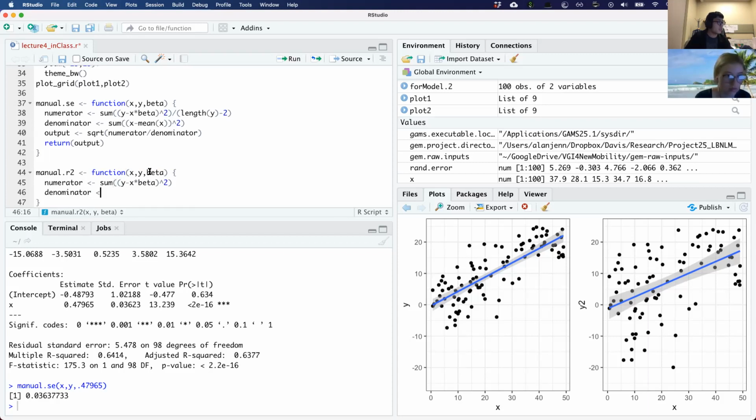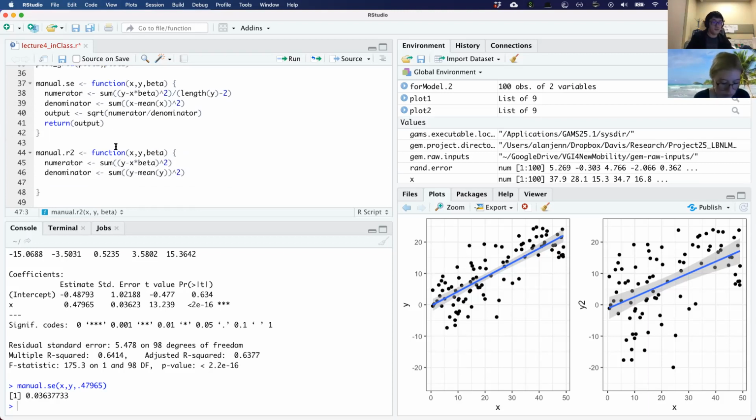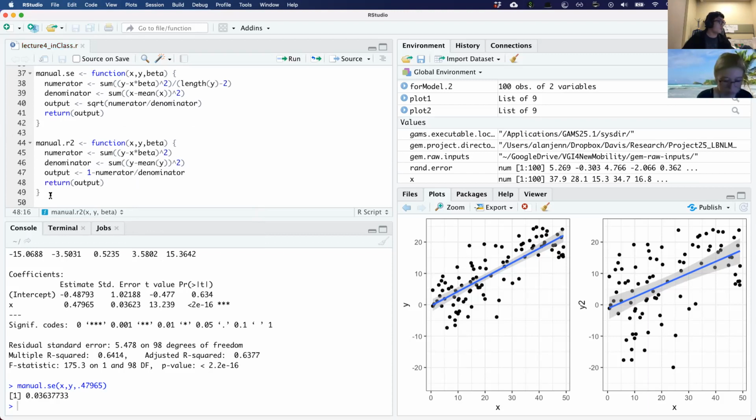Denominator is the sum of y minus mean of y squared. And then my final r² output value is going to be 1 minus the numerator divided by the denominator. And I'm going to return the output. Great.